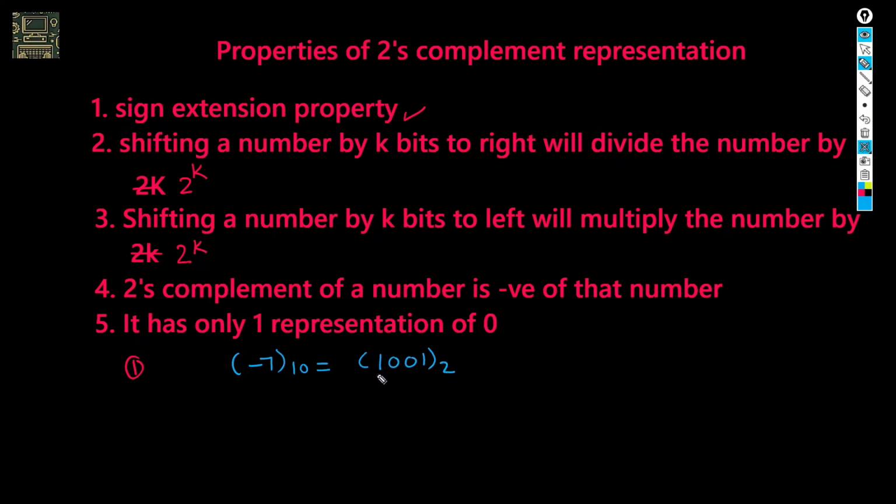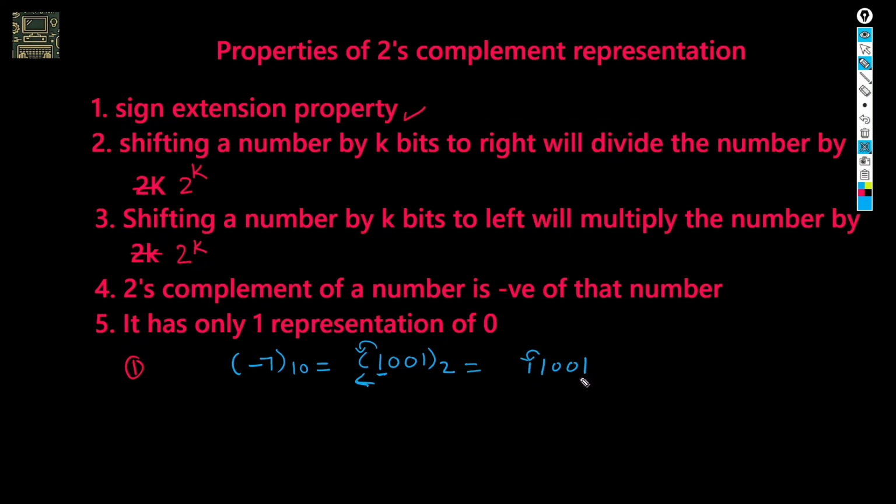This bit indicates the sign of the number. As the number is negative, this bit is set to 1. So towards the left, I can repeat this sign bit any number of times, and if I repeat this, the value of the number will not change. So if I repeat this once, it will become 11001.